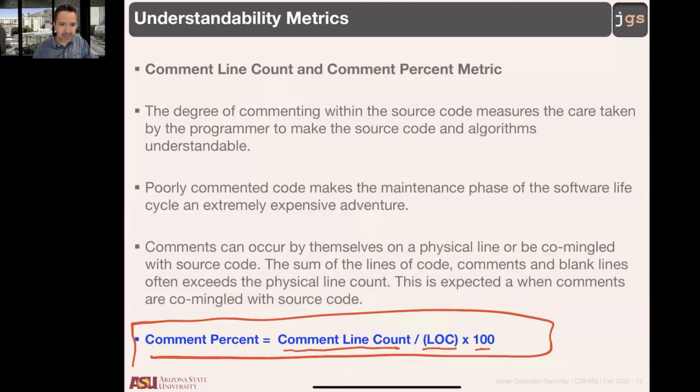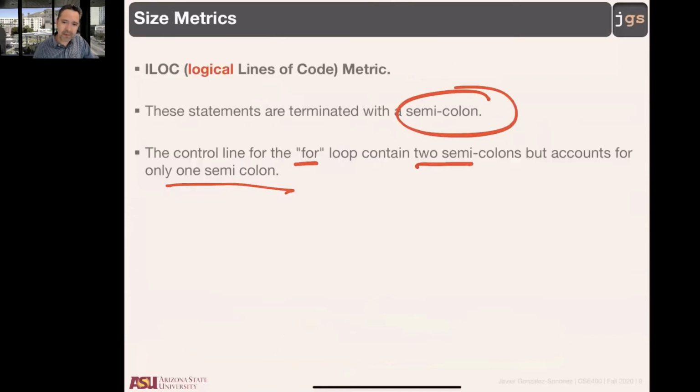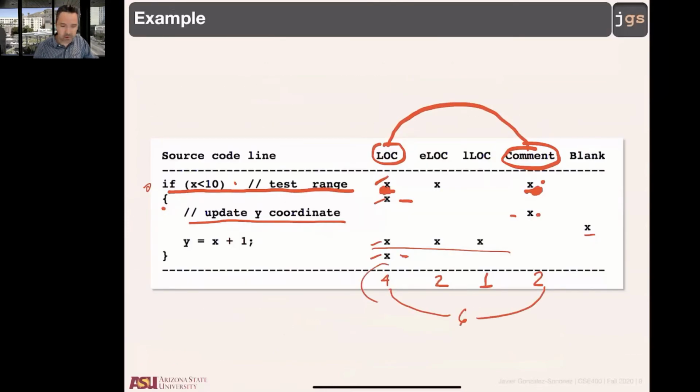For instance, in my previous example here, lines of code 4, comments 2. What could be the result of my equation? 4 lines of code and 2 comments.